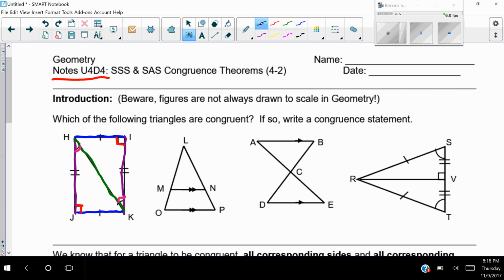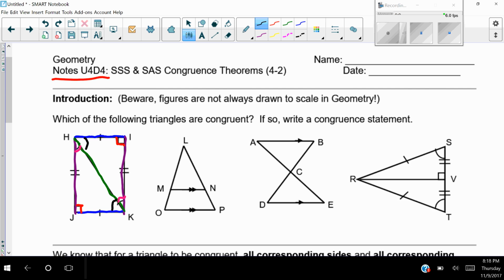Also, we know that this third angle is congruent to this third angle by the third angle theorem. So since all of the sides are congruent and all of the angles are congruent, we know that these two triangles are congruent. So it is enough information to prove that these two triangles are congruent.